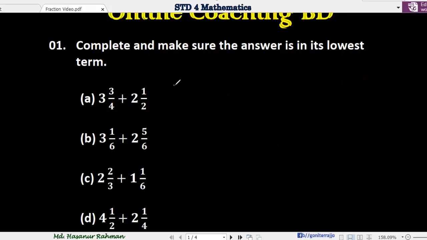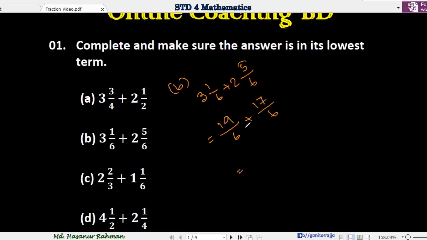Now number B. Number B says 3 whole 1 by 6 plus 2 whole 5 by 6. Now at first we have to convert these mixed numbers into improper fractions. So 6 times 3 is 18 plus 1 that is 19, plus 6 times 2 is 12, 12 plus 5 that is 17. So here both denominators are already the same.